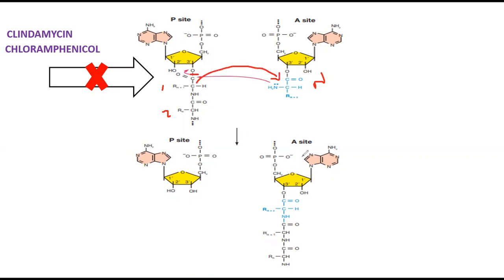Just look here now. This is the three amino acids: this was the first one, this is the second one, and this was the new one. So this is all performed by the ribosome and the transpeptidase. It is basically a transpeptidation reaction.